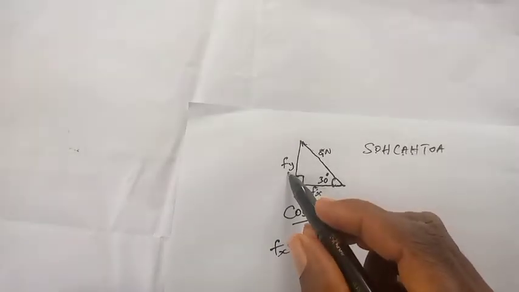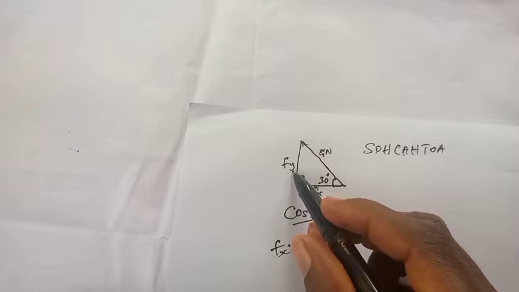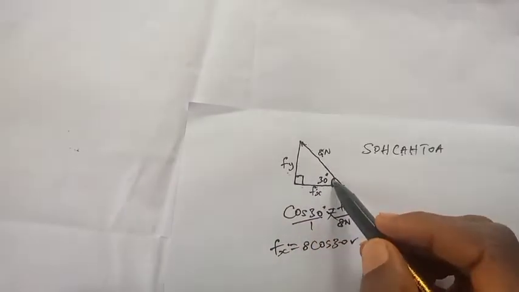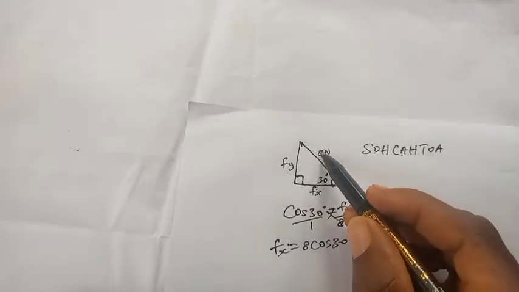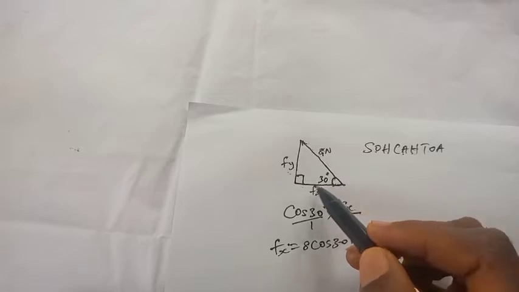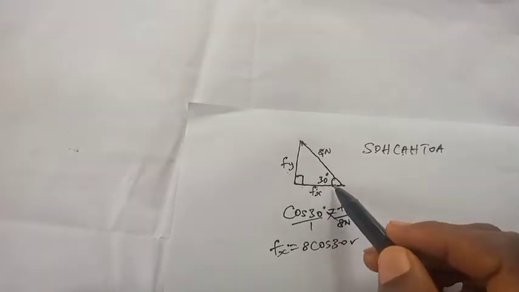So what about F of y, which is the vertical component? Keep in mind, this is the opposite because it is facing the angle, and this is the hypotenuse because it is facing the 90 degree angle, and this line is the adjacent, connecting the 90 degree angle and the angle we're resolving to.